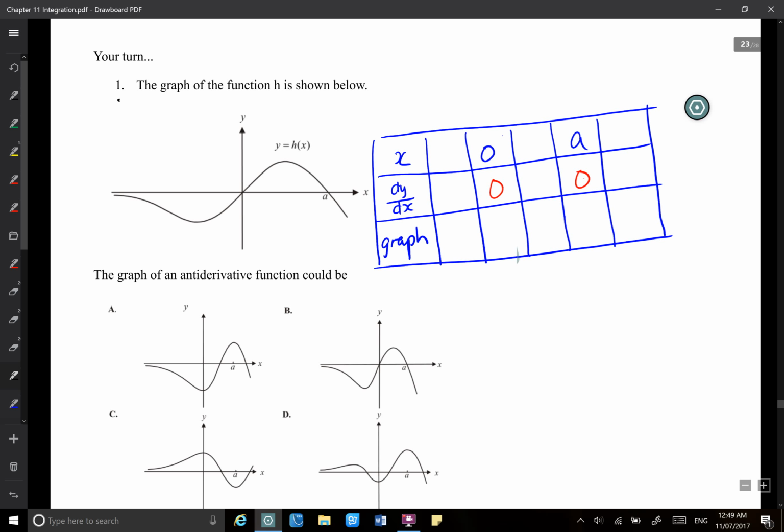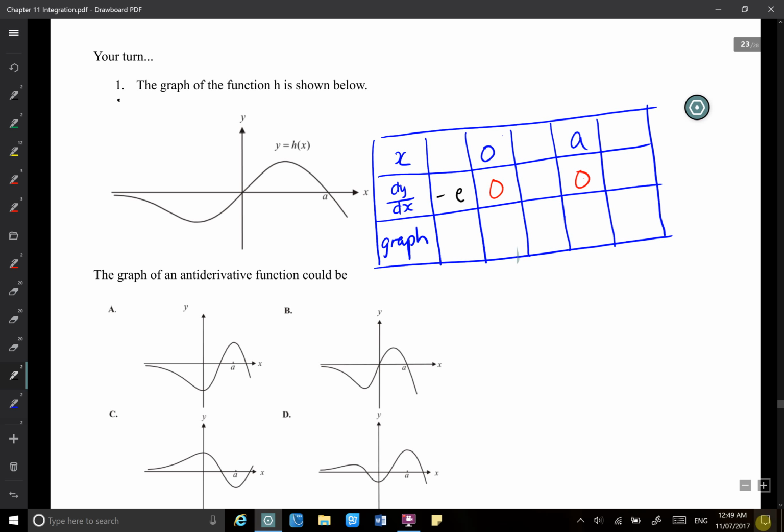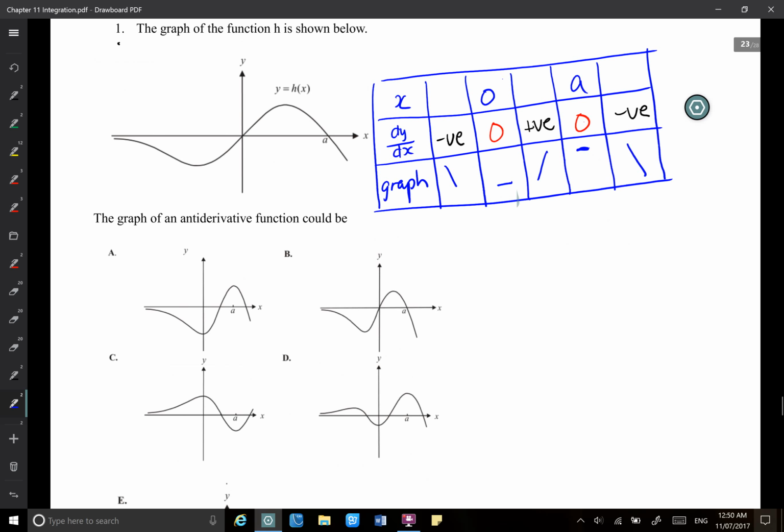And to the left of 0, I have all negative values. In between 0 to a, I have positive values. To the right of a, I have negative values. So I have negative, 0, positive, 0, and negative. So at a, I have two turning points. At a is a maximum turning point, and at 0 is a minimum turning point.